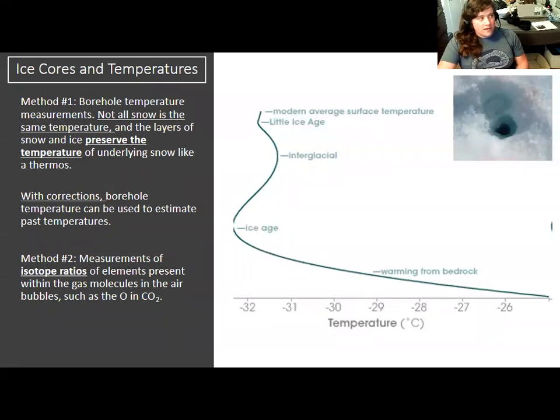So what they do is they send a probe down that measures the temperature at, say, 10 meters below and 20, or more like 100 meters below and 200 meters below, and compares them.